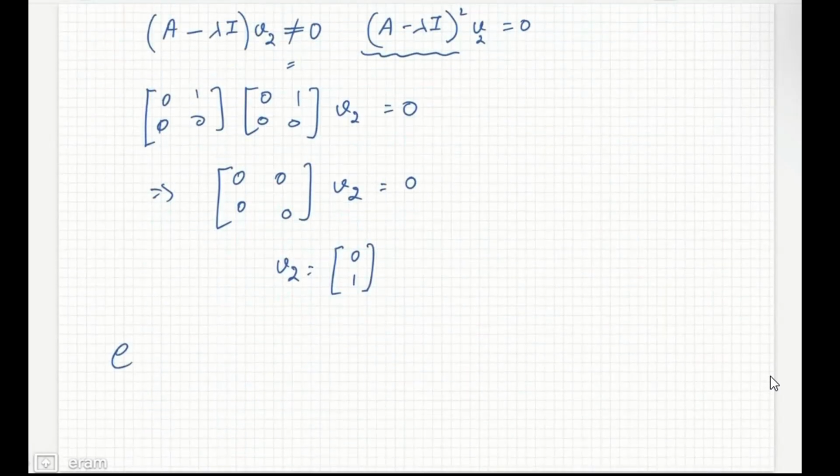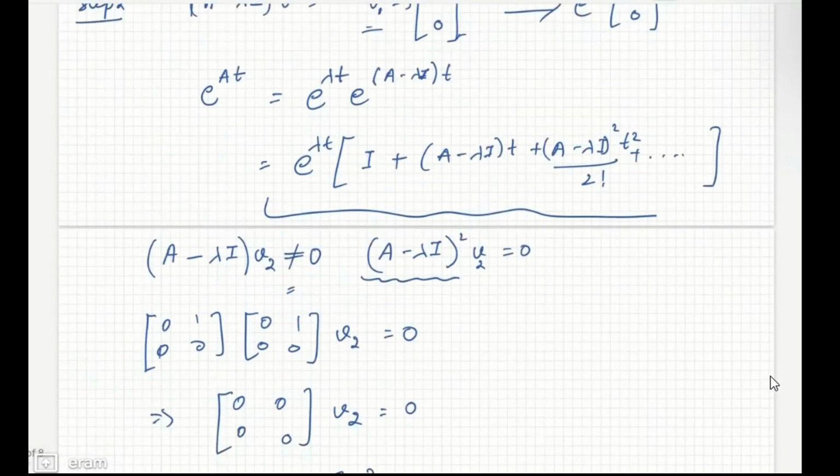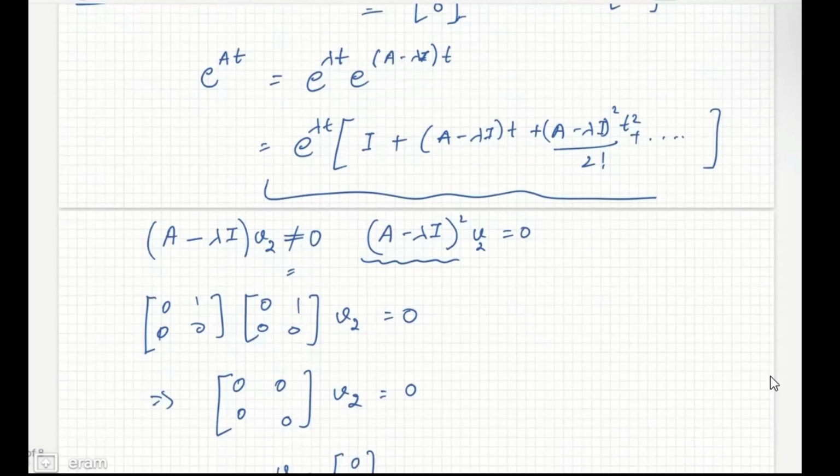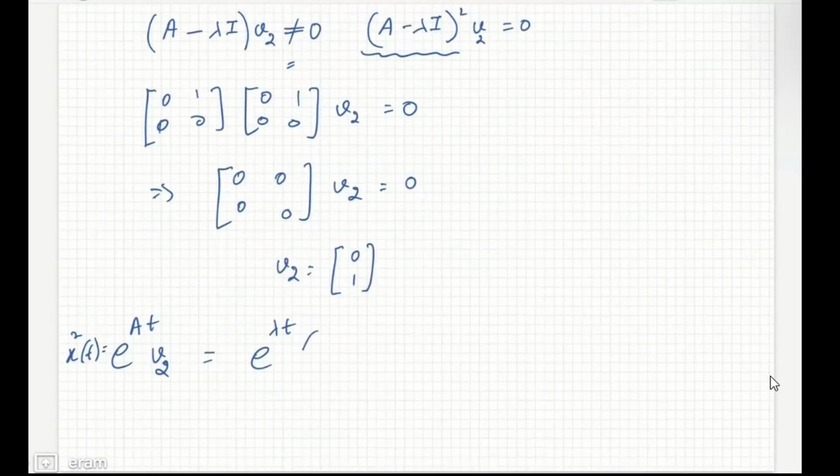The solution x2(t) is e to the power At into v2, which is written as e to the power lambda t times the expansion. In this expansion, we have already seen that (A minus lambda I) squared is 0, and that means all the further terms will also be 0, so we have to calculate up to first order. So it is I plus (A minus I) t, because lambda is 1, into v2.